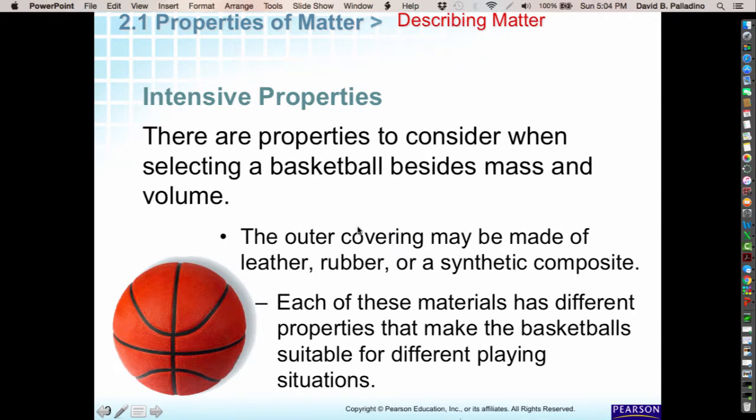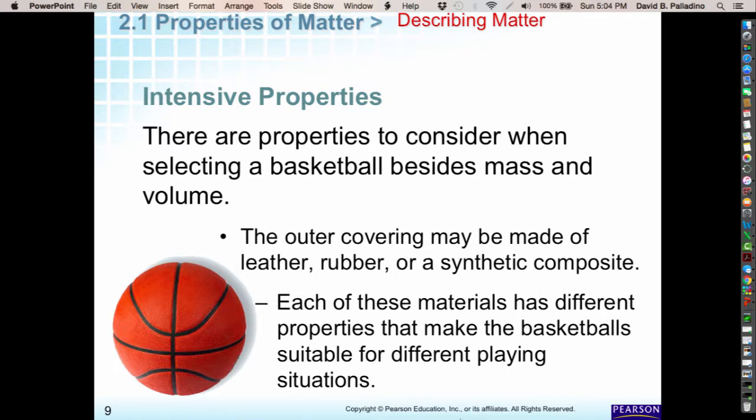All right, now let's go back to the basketball again. We can look at some intensive properties. The substances that make the basketball up may have been chosen because of their intensive properties. For instance, a basketball could be made out of leather or rubber or some synthetic composite of those. But why are they chosen? One thing would be their robustness.